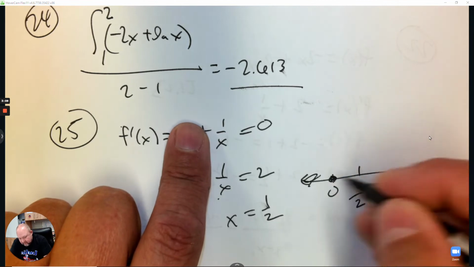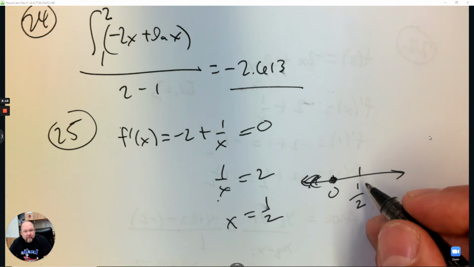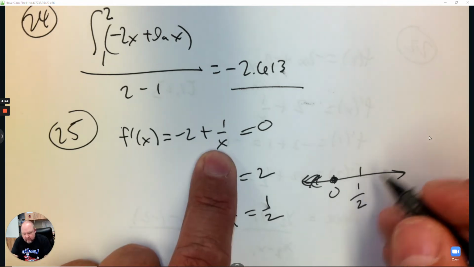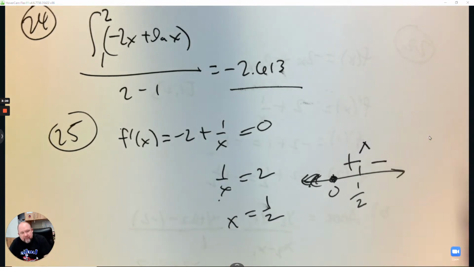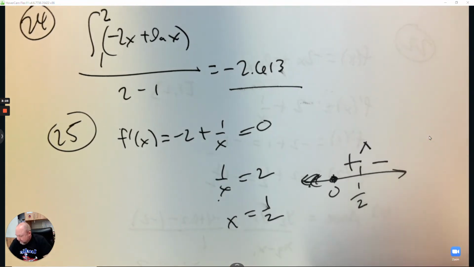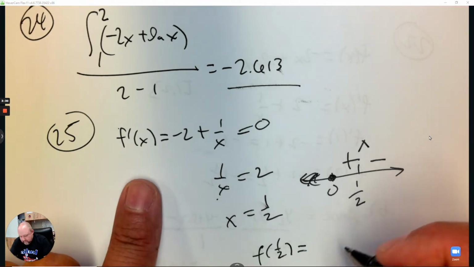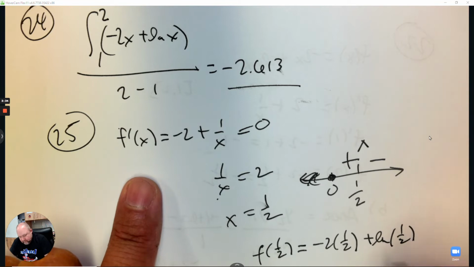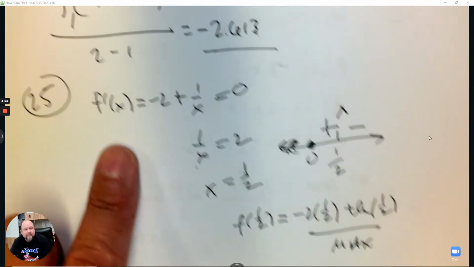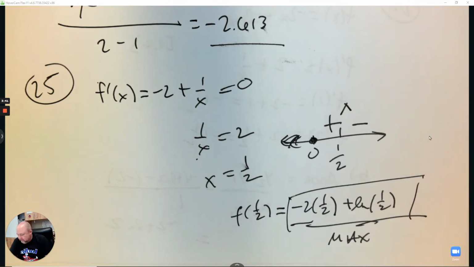So it really starts at 0, and it goes to infinity. And so for 1/2 here, if I plug in 1/3, or if I plug in 8 in terms of that, so I have a maximum at 1/2. And then if I plug in 1/2 into the function, that is a maximum value. So at 1/2 in this, but this is the actual maximum value of the function.